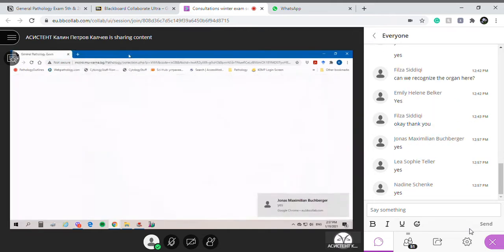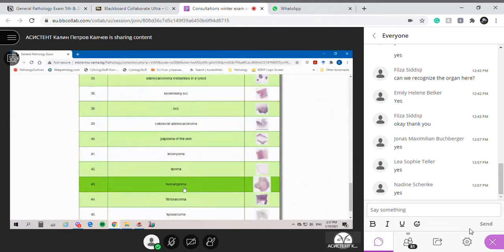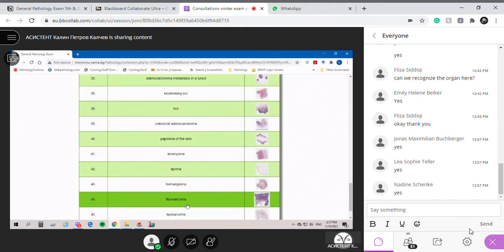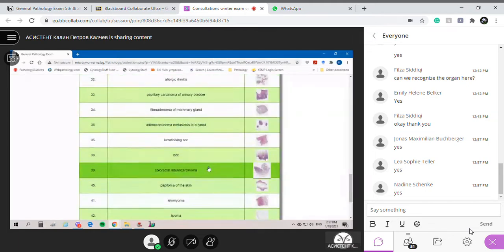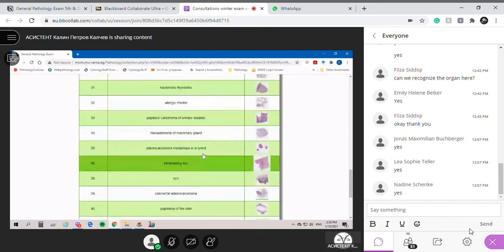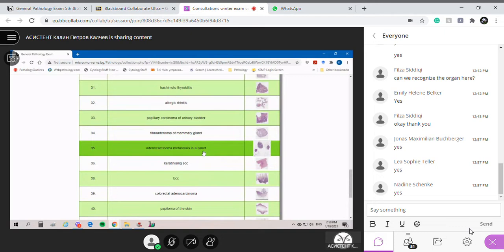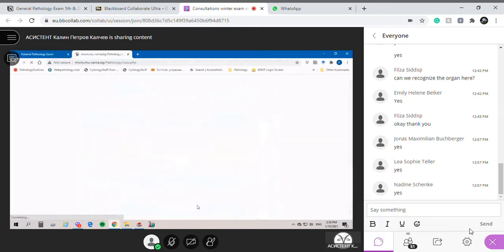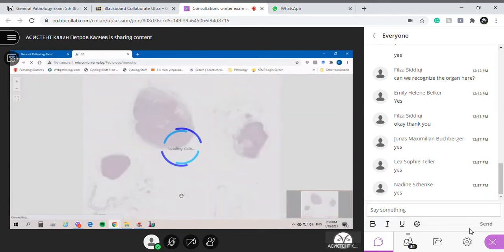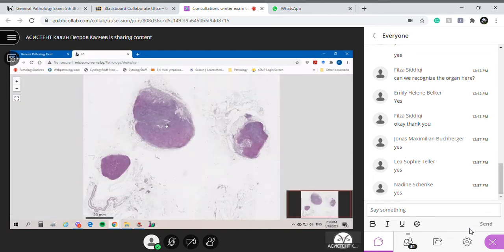Okay, so let's go further to another glandular epithelial tumor. Well, talking about the stages, here I want to show you some malignant change in lymph nodes.